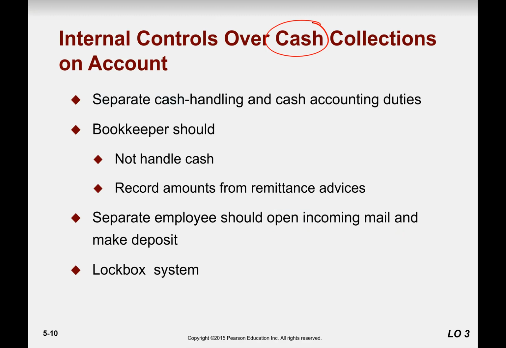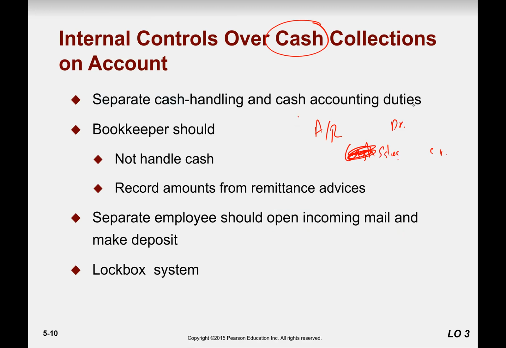We talked about internal cash controls when we discussed how to account for cash, in our previous lecture. So for example, when a credit sale occurs, what is the entry? Accounts receivable to sales, my bad.